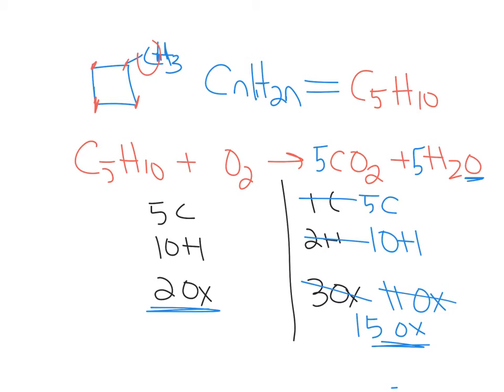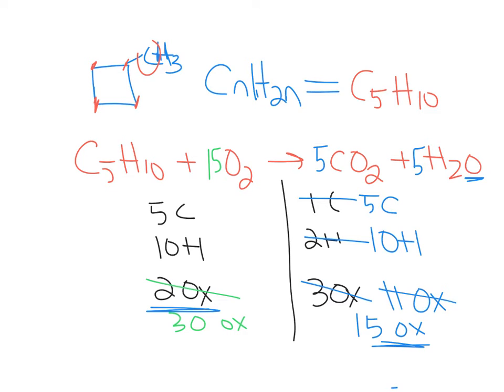So I'm going to multiply my reactant side by 15, okay, because 15 times 2 would give us 30. So now I have 30 oxygens on my reactant side. Notice I haven't multiplied anything yet on my product side.